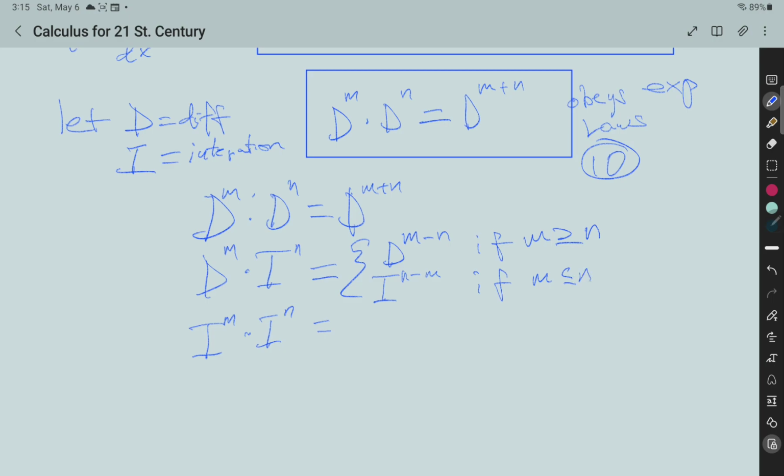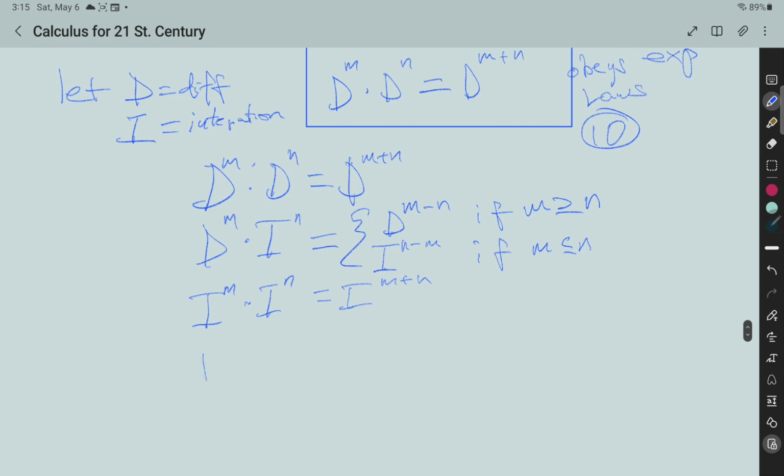Okay. And then if you have two integration operators, then this will be integration m plus n. And then the last combination is you have an integration of m and differentiation of n.